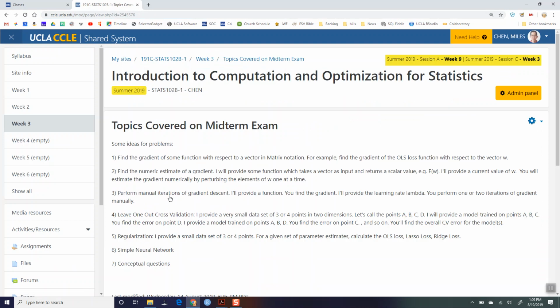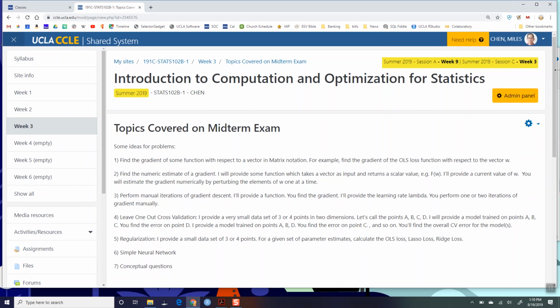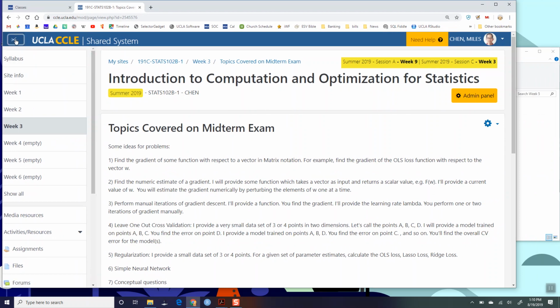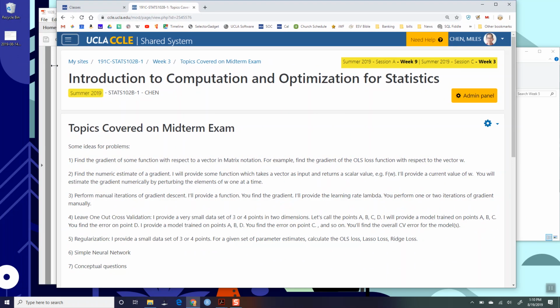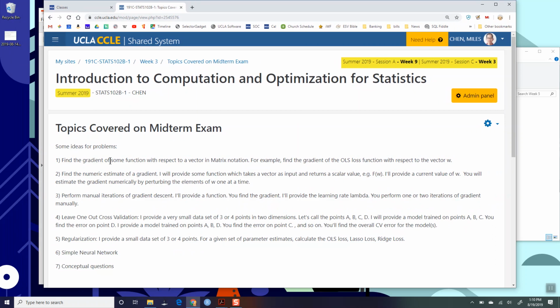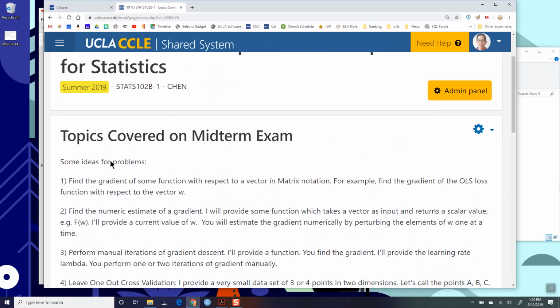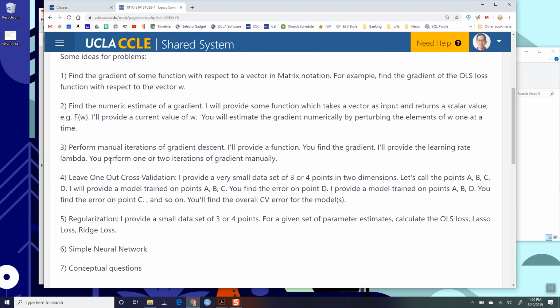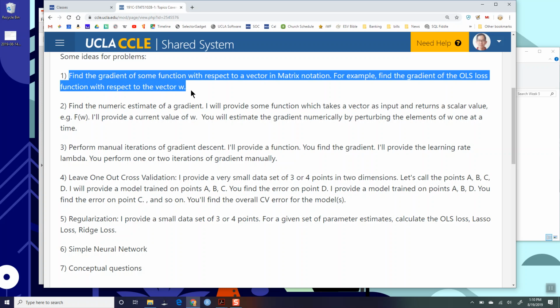If you have questions about the topics on the midterm exam, today is the day to ask, because the next time we meet will be the actual exam. I'm looking at maybe 7 pages of exam. You'll have the full hour and 50 minutes to complete the exam. We'll go through each of these things. If you've got questions, I will answer them.